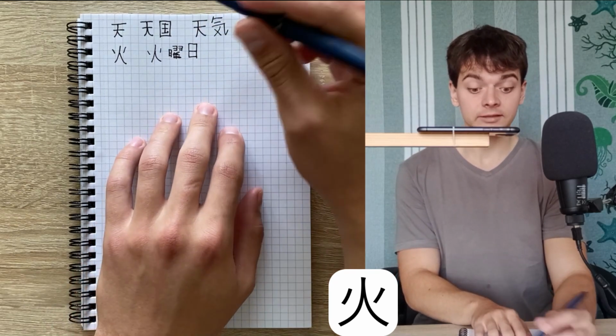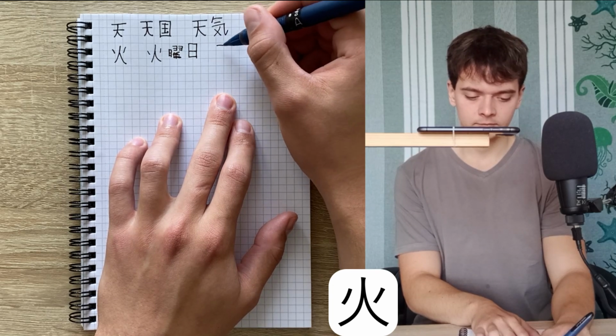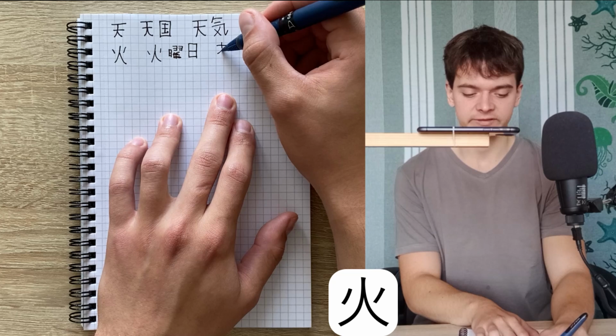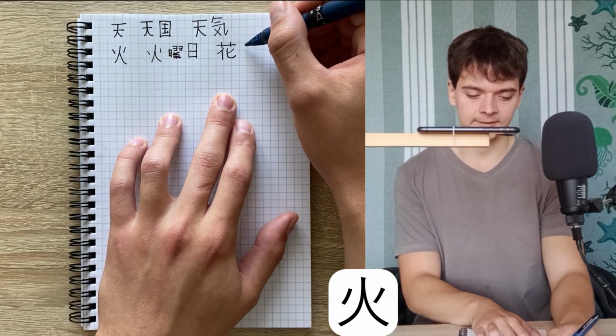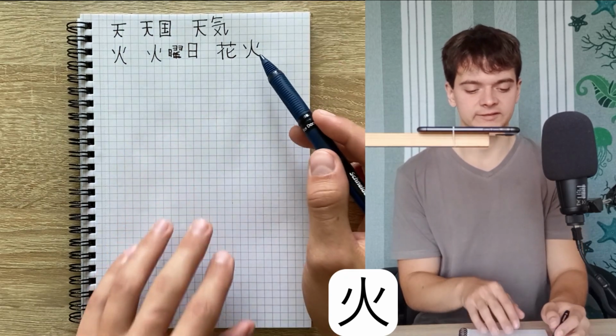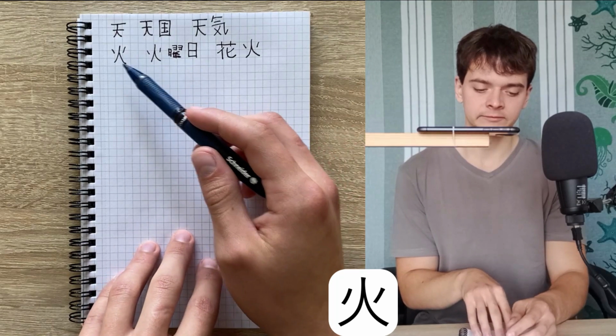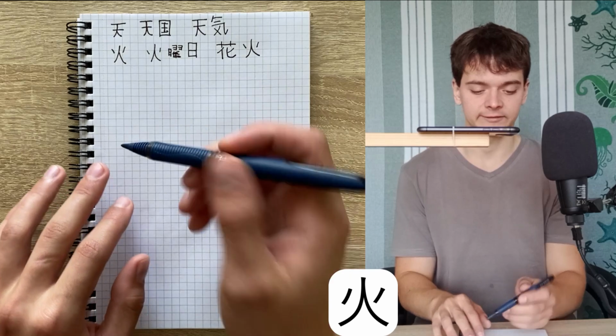But it can be used in hanabi as well, and hanabi means fireworks. Hanabi. You can see that the pronunciation has changed from hi to bi, hanabi, because it's used with another kanji.